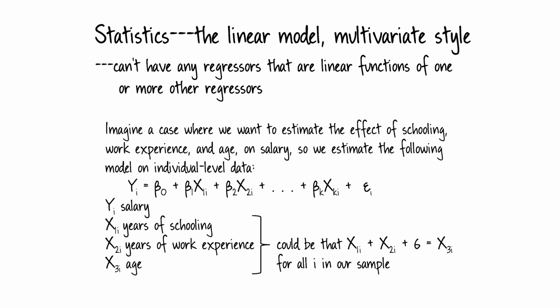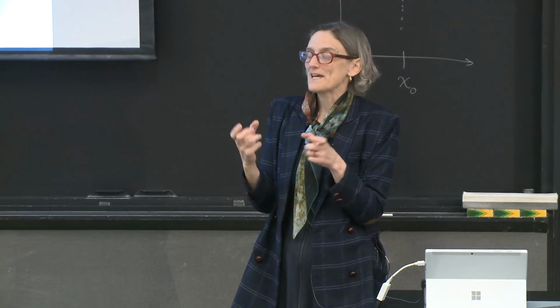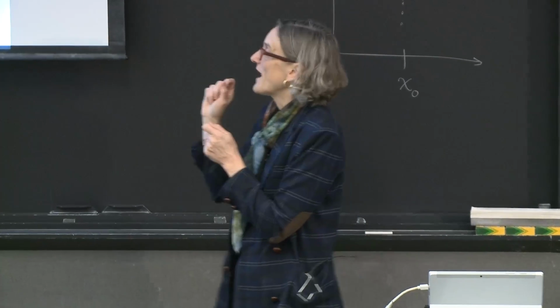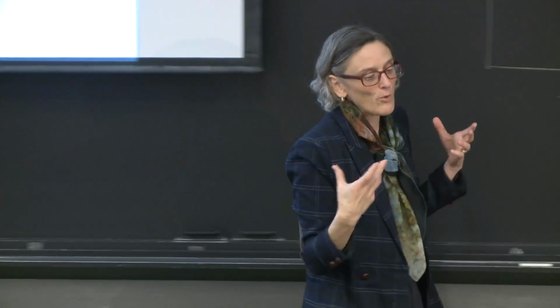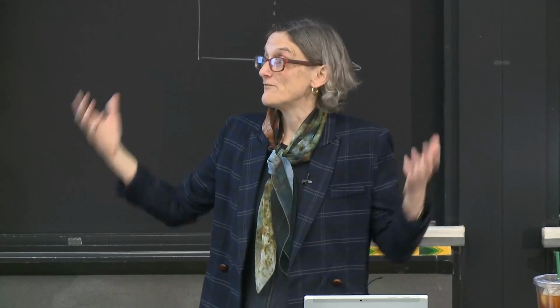But anyhow, I'll tell you the answer. In that case, you can estimate this equation, but you end up having trouble separately identifying the coefficients on these three variables. In fact, your estimator is going to be a very high variance estimator.